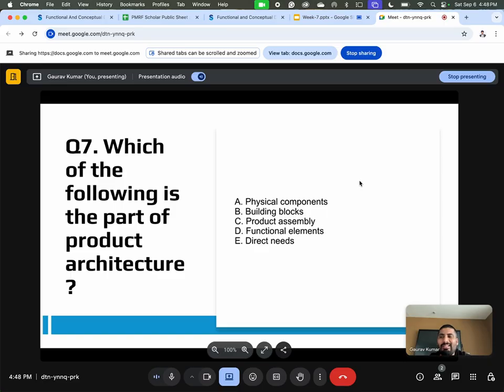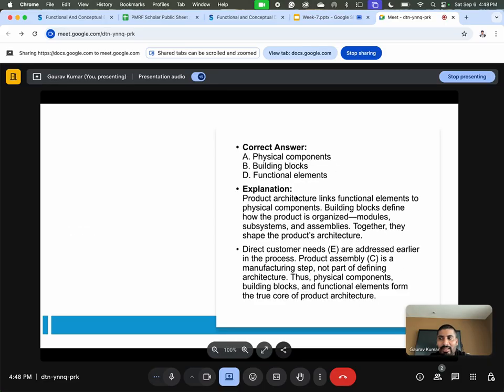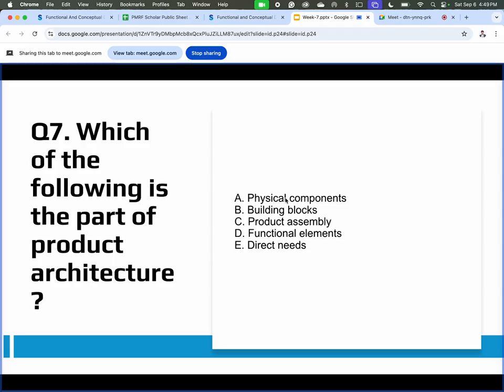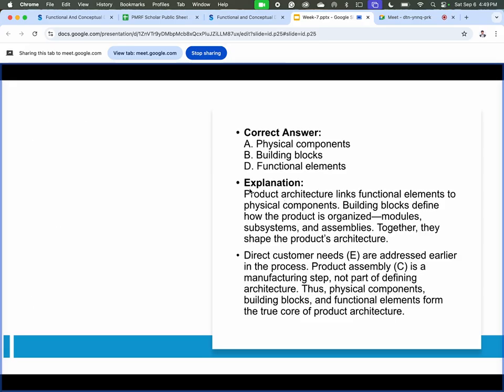And now you may see the right answer and explanation part in this slide. Please go through this slide. As I have written here, physical components, building blocks, and functional elements are the right answer. The product architecture links the functional elements to physical components.